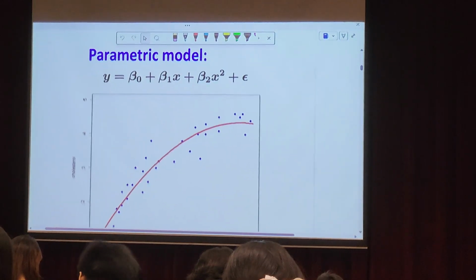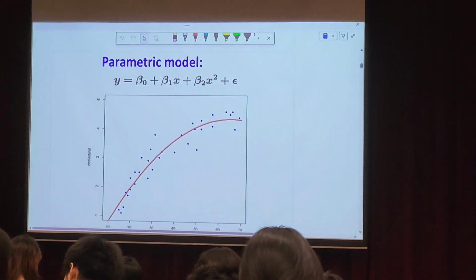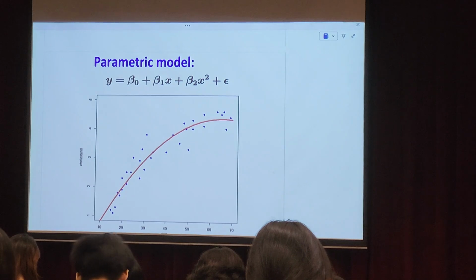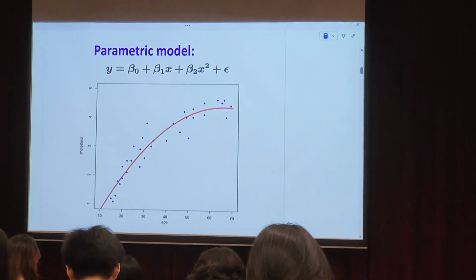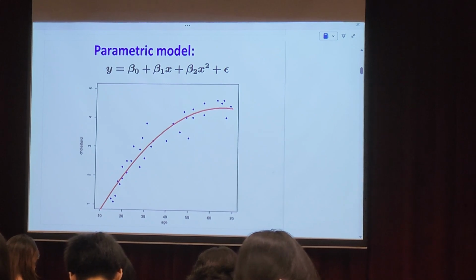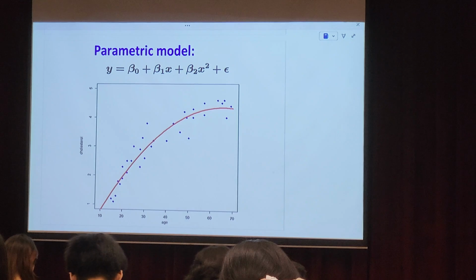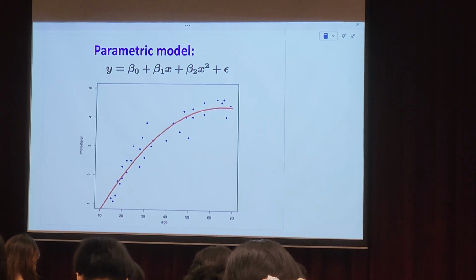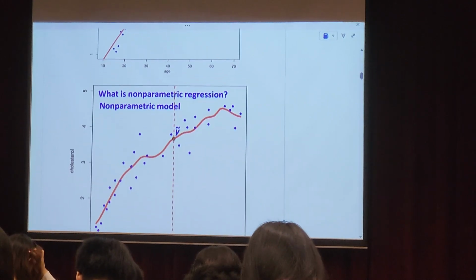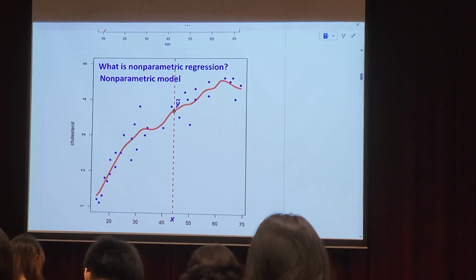Okay. What is a parametric model? Well, a parametric model is one based on parameters. What are the parameters? Beta 0, beta 1, beta 2. These are the parameters. So you can describe it using a parametric function. What is a non-parametric model?